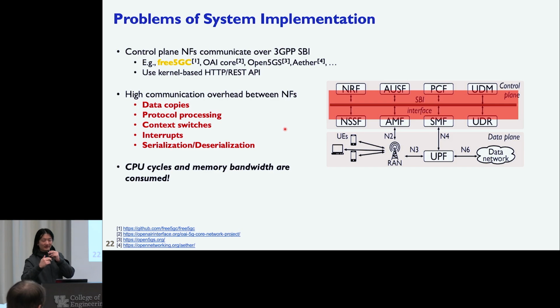We still want to retain the flexibility of softwarization, but in the meantime reduce its penalties, and that is our key consideration in this work. Of course, there are many other aspects we can consider in the future, like better mobility prediction, and optimizing our deployment of the core network by making it more distributed and close to our users. Yeah, there is this trade-off. Okay, thank you very much.